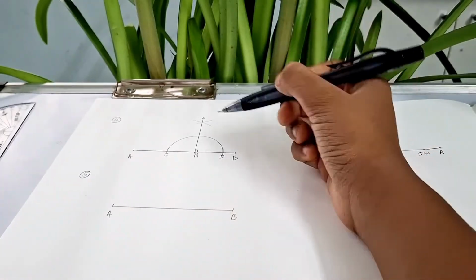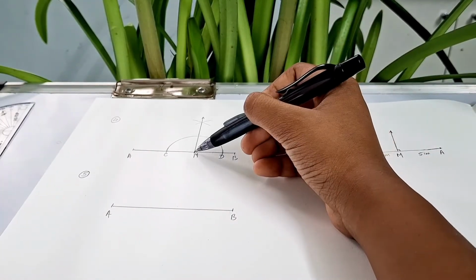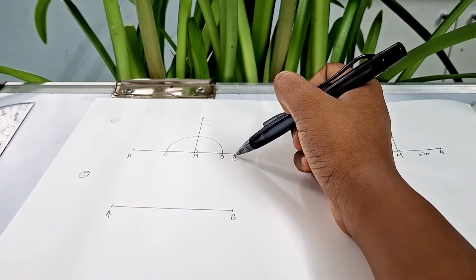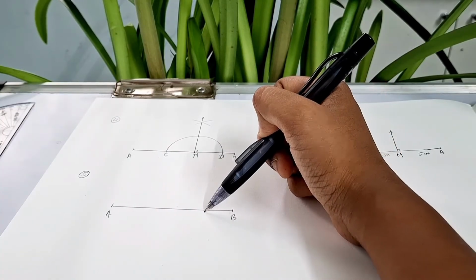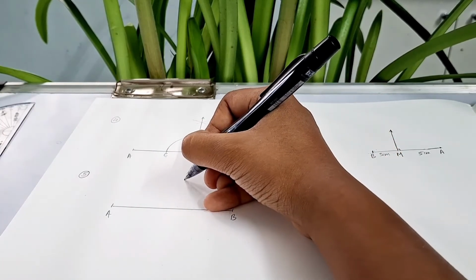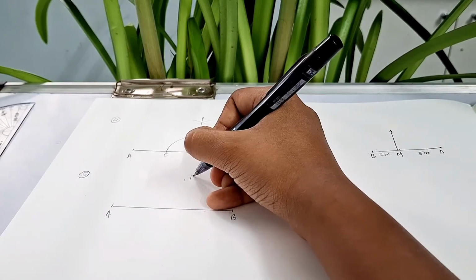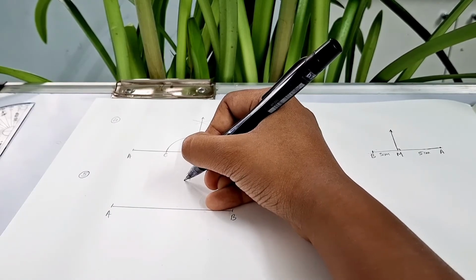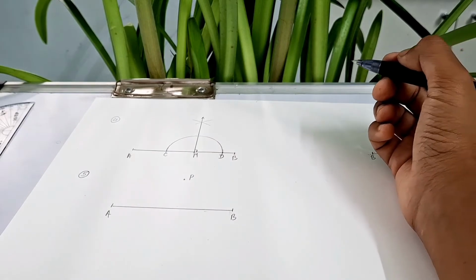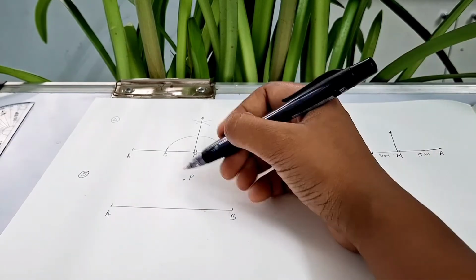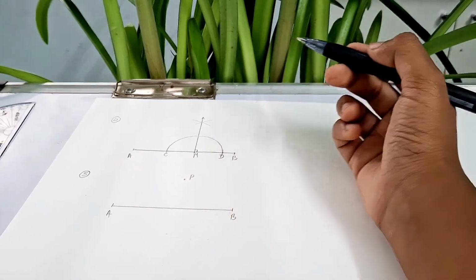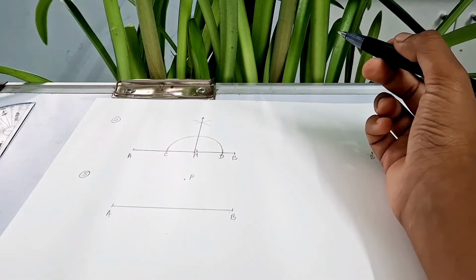So in the previous fourth question, they had given us a point M on the line AB. But now in the fifth construction, they have asked us to assume any point P which is not on the line AB, but it is above the line. They can also mention in the question that this point is below the line, but the steps are the same for construction. So let's move to the construction.